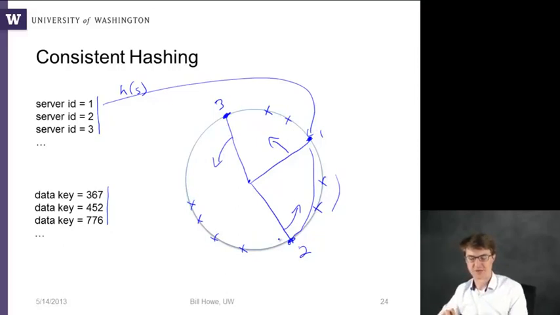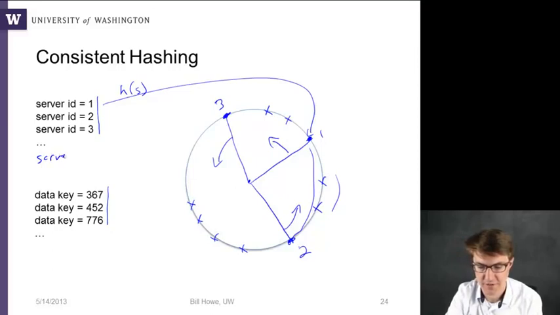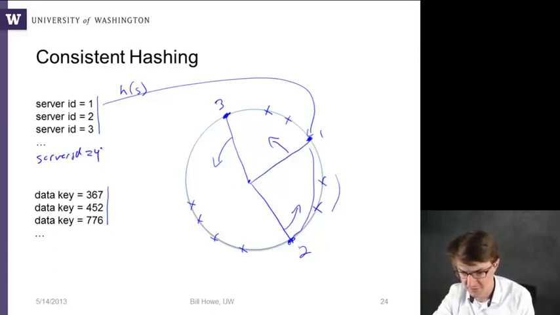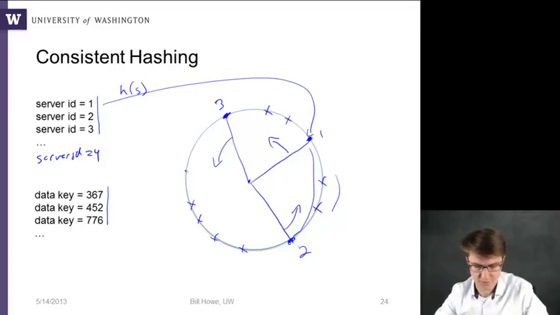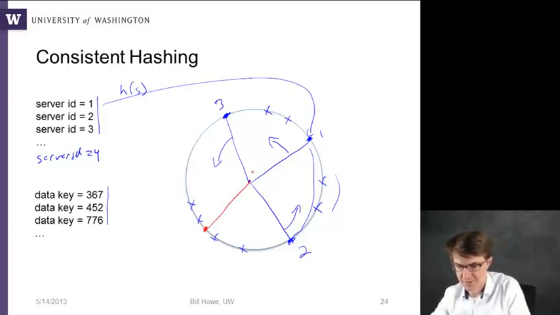Okay. And so what's nice about this is now when I add a new server, server ID equals 4, well, let's say it comes around and it gets stuck right here. Well, that's a bad spot for it for my example, actually. Let's say it comes around right here. Well, you just apply the same rule.